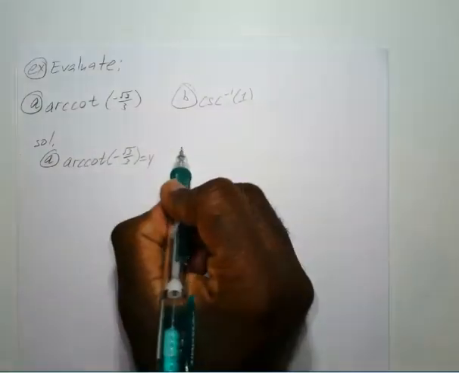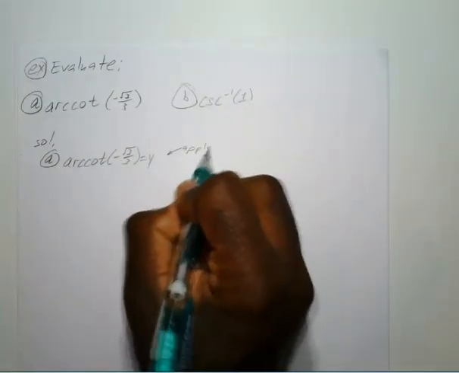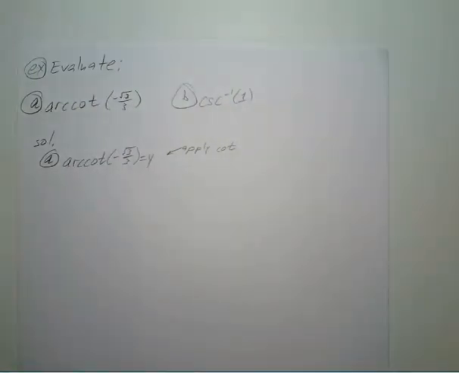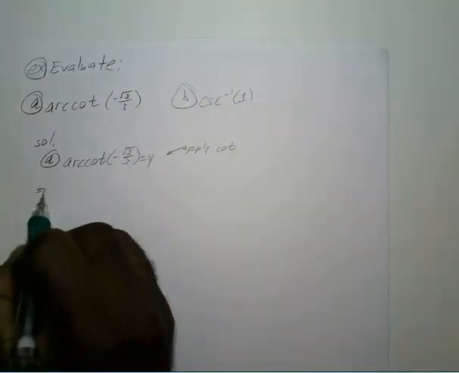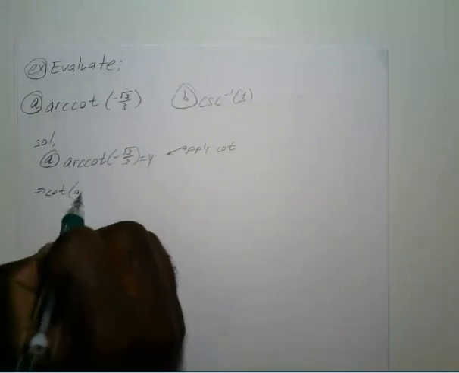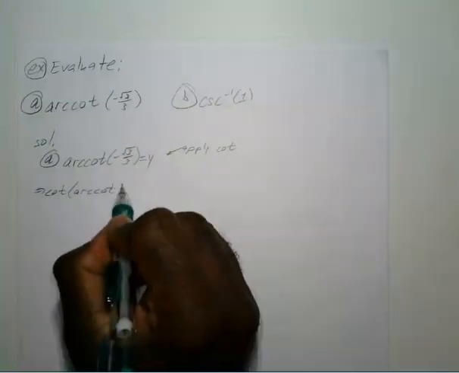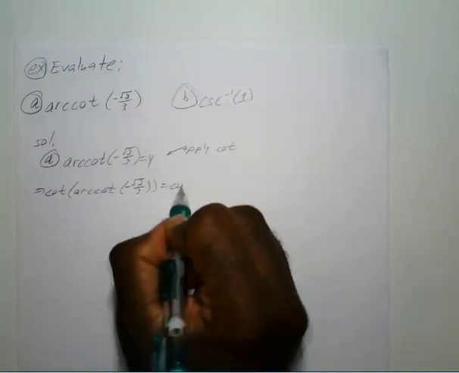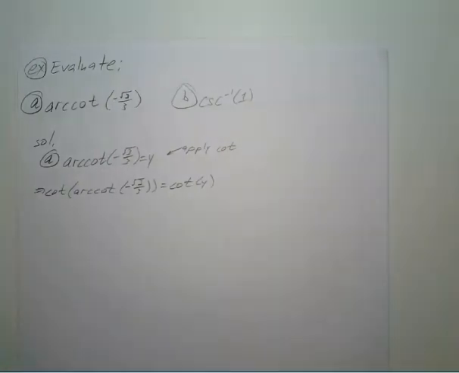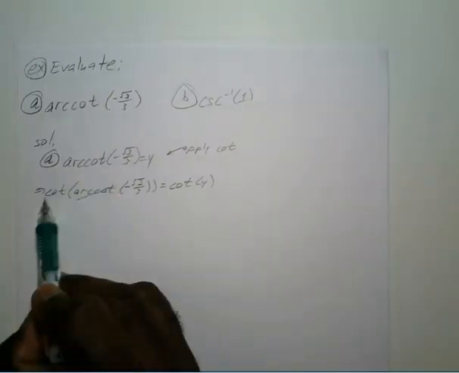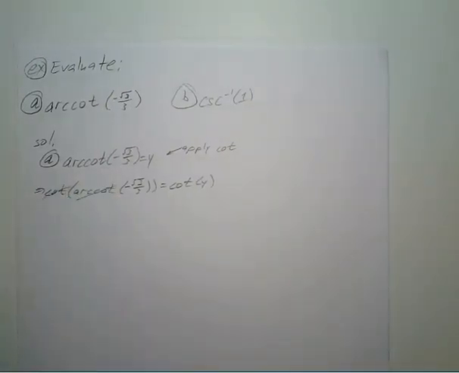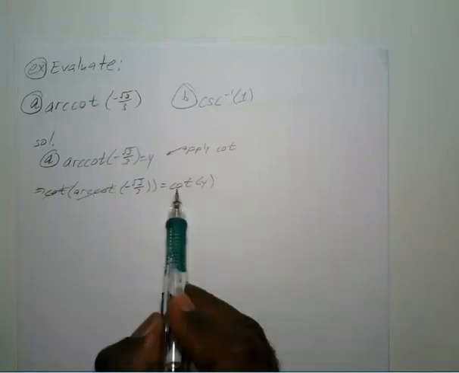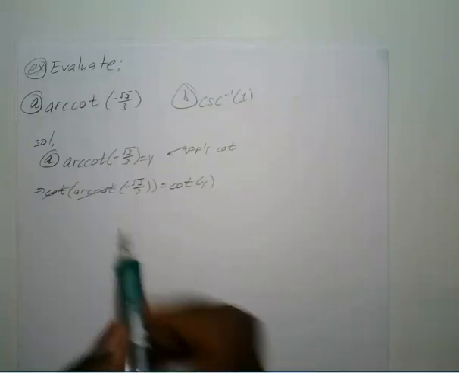Of course, we apply cotangent to both sides. So cotangent of arc cotangent of negative square root of 3 over 3 equals cotangent of y. Remember, the arc cotangent and cotangent cancel each other out, just like cotangent and cotangent inverse. So we have cotangent of y is equal to negative square root of 3 over 3.